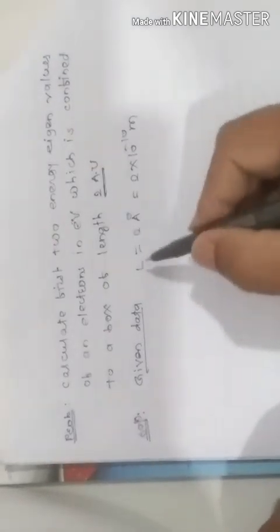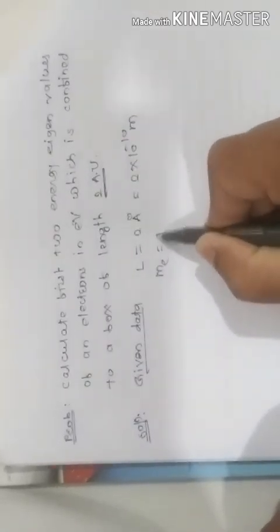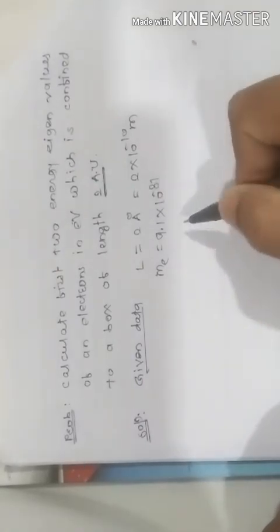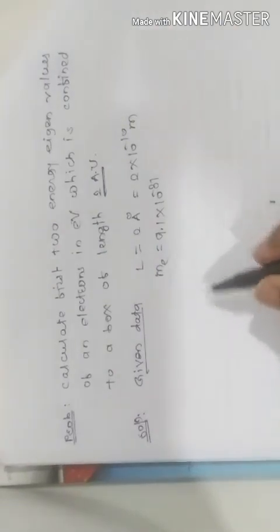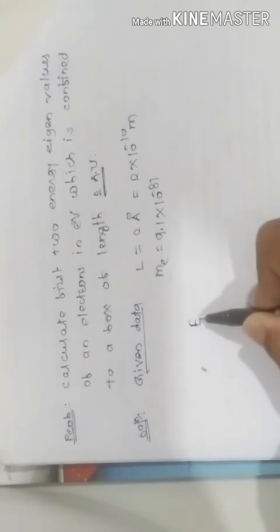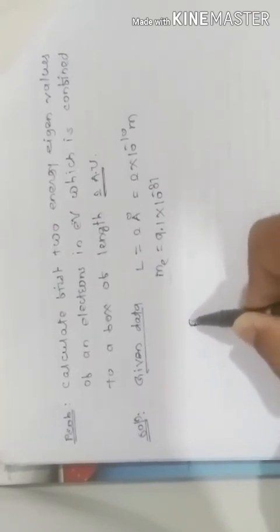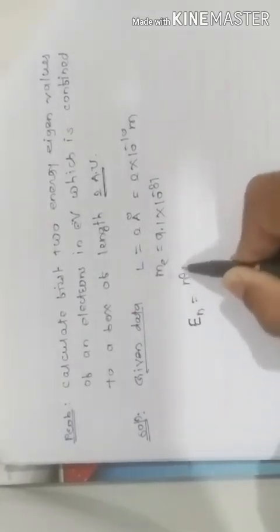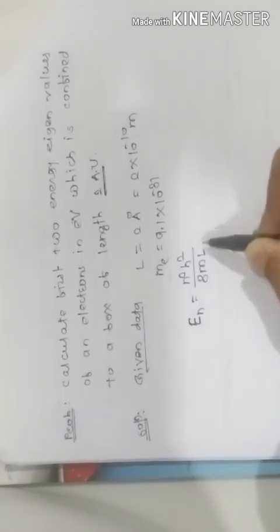The mass of an electron we know is 9.1 into 10 raised to minus 31 kg, and these values we will substitute in the required formula to get the eigenvalues. The quantized energy, or nth energy value, can be derived from the simple formula En is equal to n squared h squared divided by 8 m L squared.